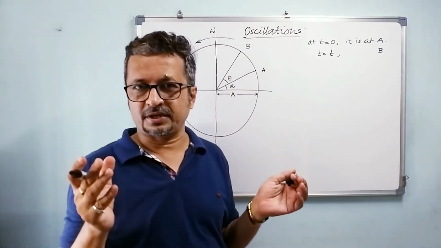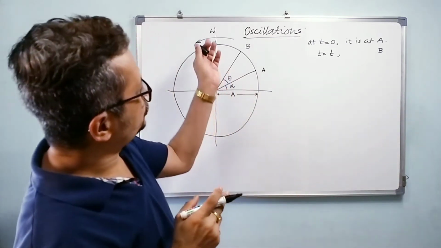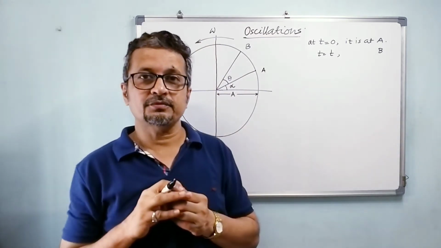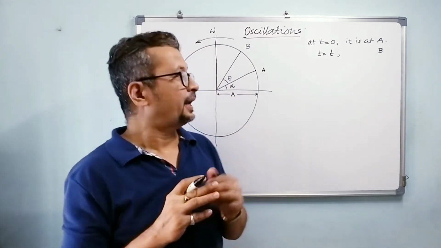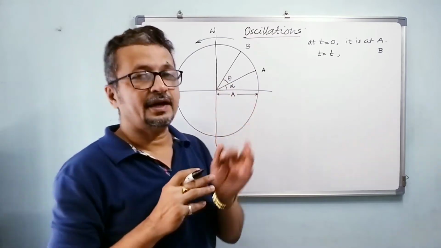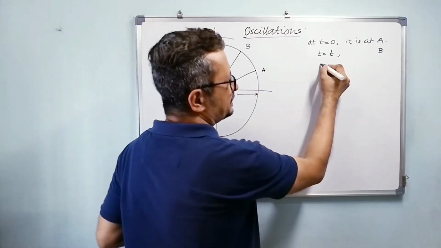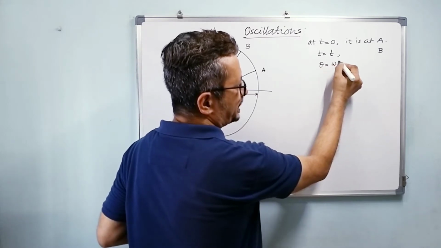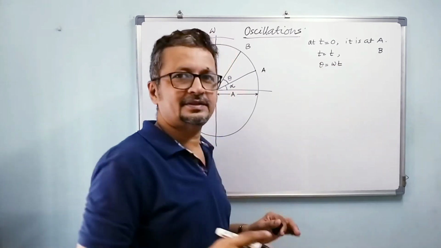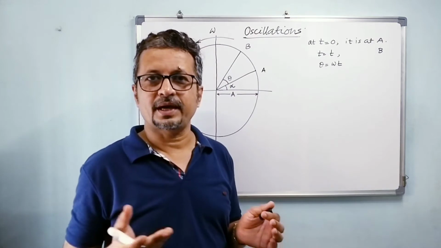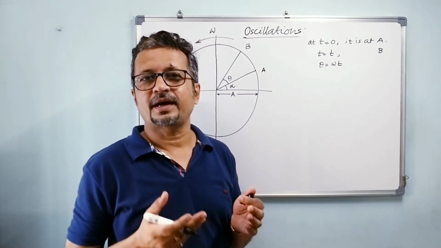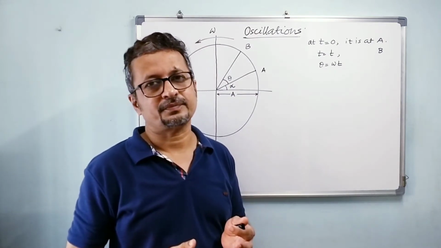You know that the angular velocity or angular speed is omega, the angle described is theta, and the time interval is t. So can we say that theta is equal to omega t?